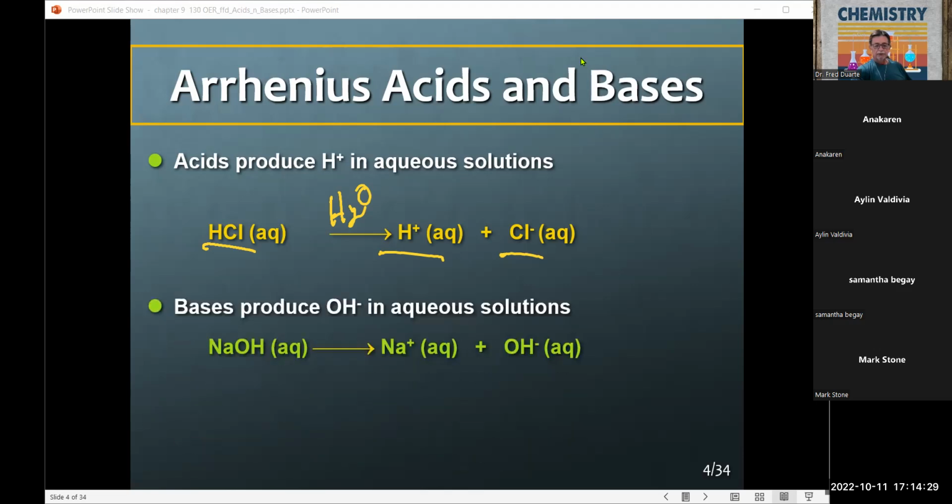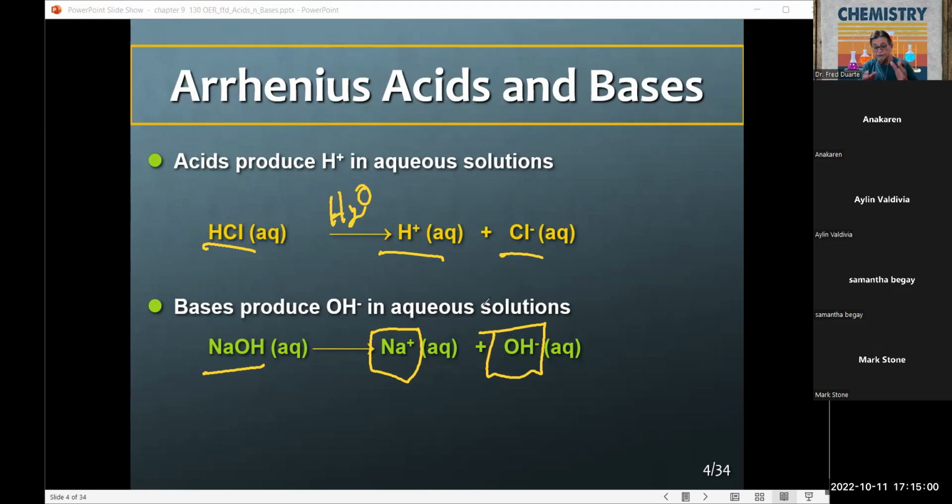Now, anything that produces a hydroxide ion is a base. Hence, sodium hydroxide is a good example. All right. Now, sodium hydroxide, when you put it in water, first of all, it gets very warm. You've got to be careful. It's very hot, and it dissociates into the sodium ion and the hydroxide ion. Okay.